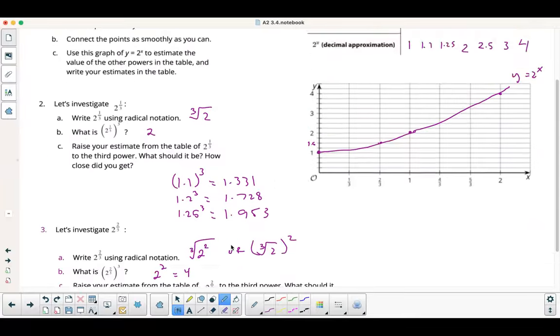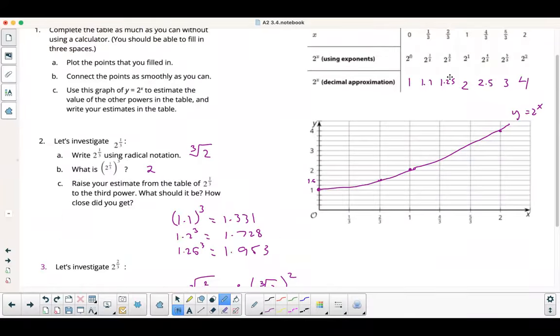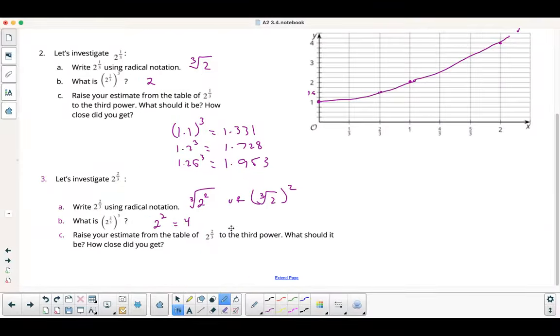So for 2 to the 2/3, let me go back here. This looks more like 1.5. I think it'll be a little bit more accurate here. Let's change that to 1.5. And let's take 1.5 to the third, because I basically said 2 to the 2/3 is approximately 1.5.